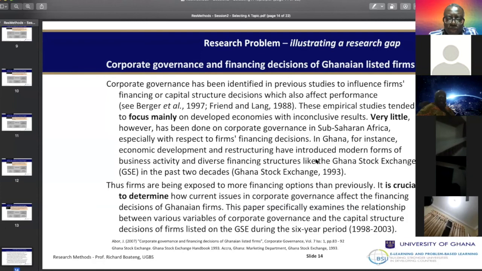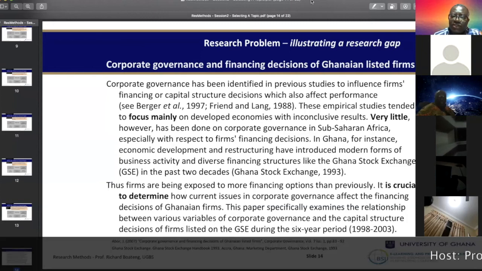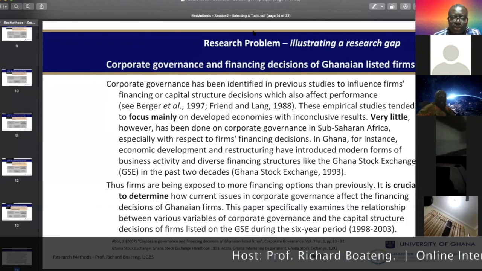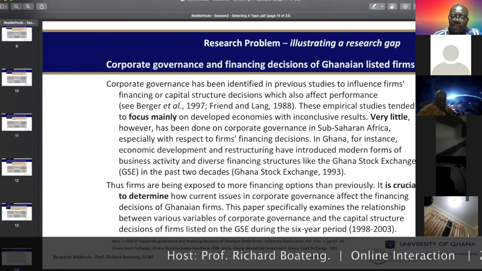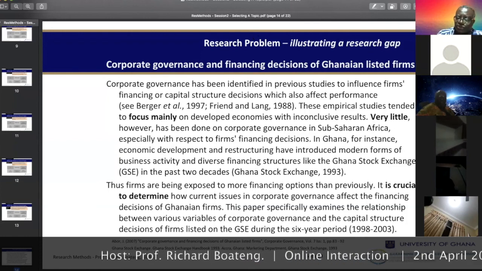Now, when you expose firms to more financing options, then it becomes an issue of corporate governance. So it is now crucial to determine how current issues in corporate governance affect the financing decisions of Ghanaian firms. This study specifically examines the relation between various variables of corporate governance and financing decisions and the capital structure decisions of firms listed on the Ghana Stock Exchange within the 6-year period, 1998 to 2003.